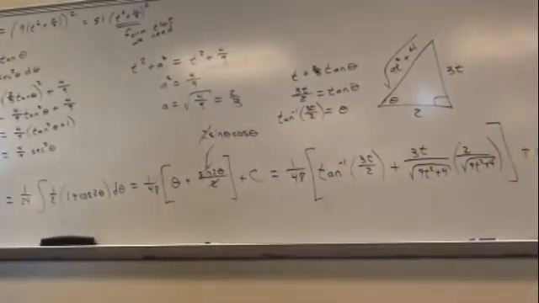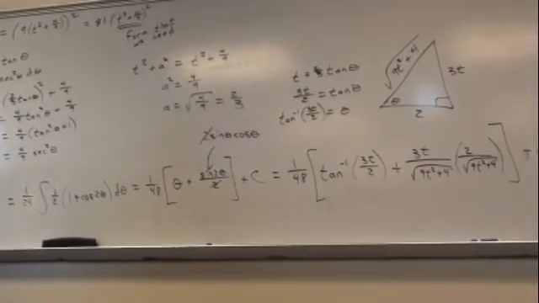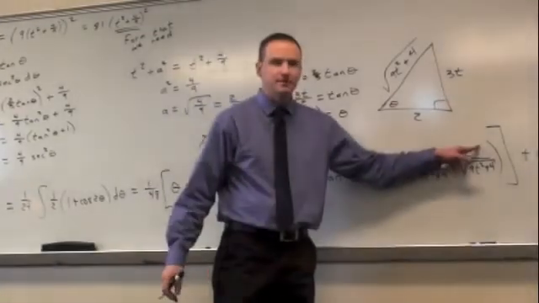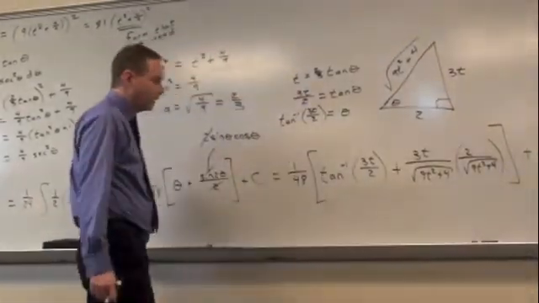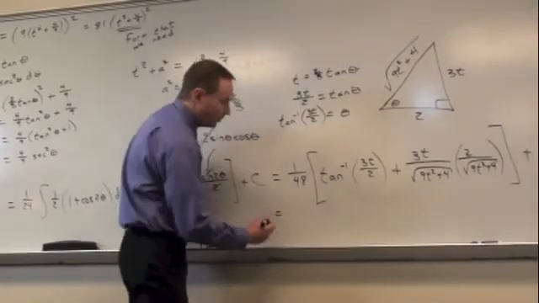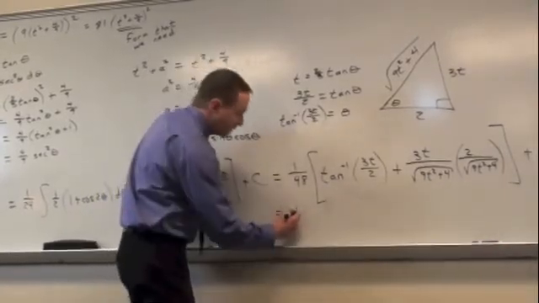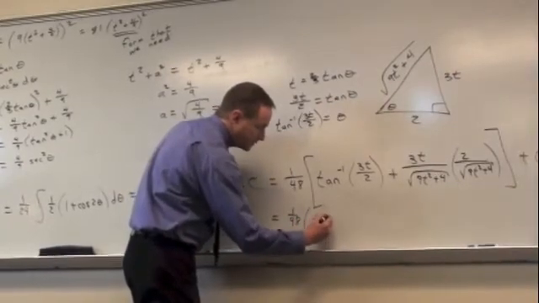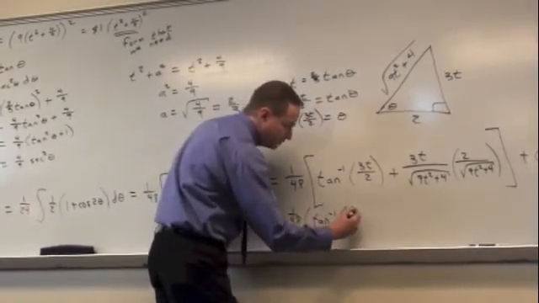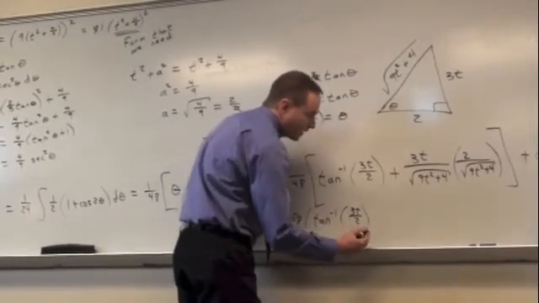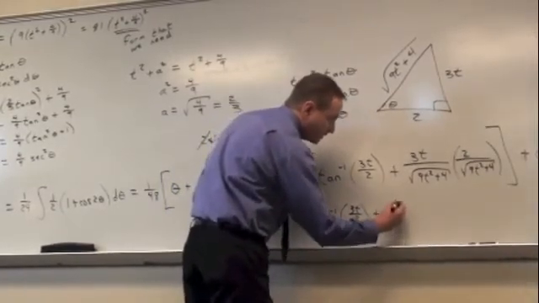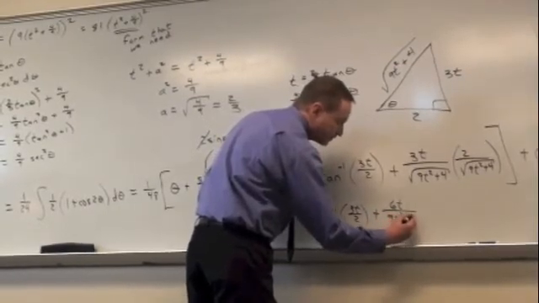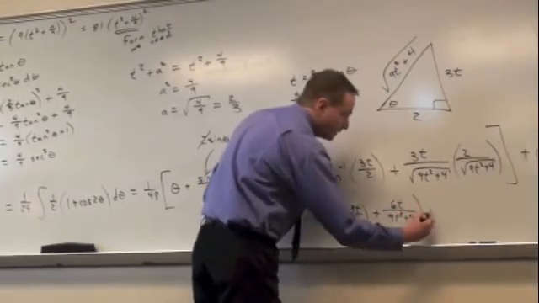Okay, so now, whenever I try to simplify this down, that term simplifies gorgeously. So I'm going to leave the 1 over 48 factored out, and I'll just say it's 1 over 48 times the group, inverse tangent of 3t over 2, plus 6t over 9t squared plus 4, plus c.